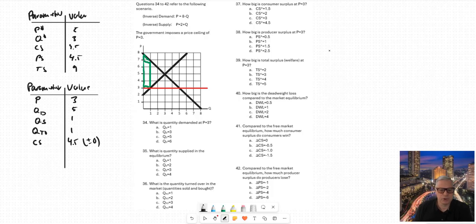And what about the producer surplus? So the producer surplus is this little triangle here, which is 0.5, which is of course a reduction of 4.